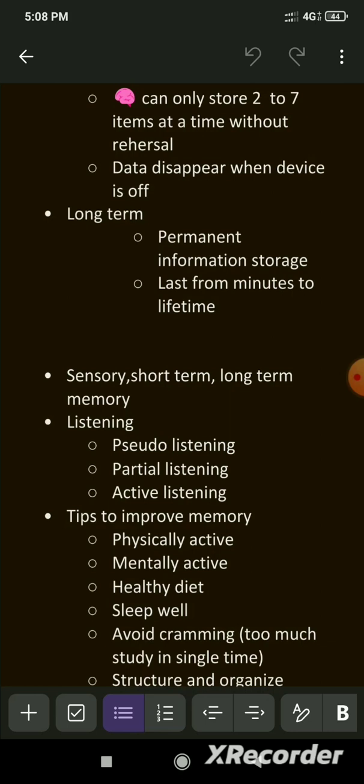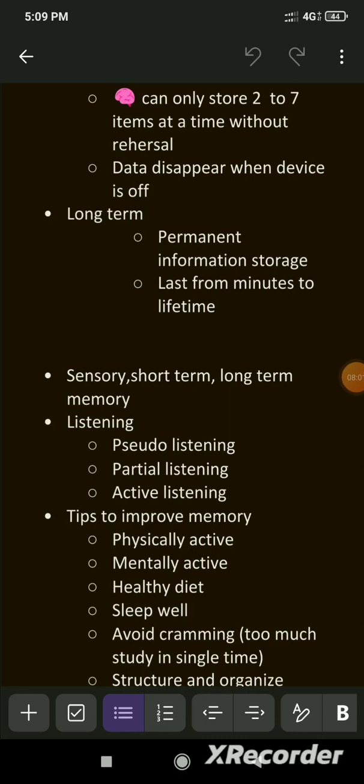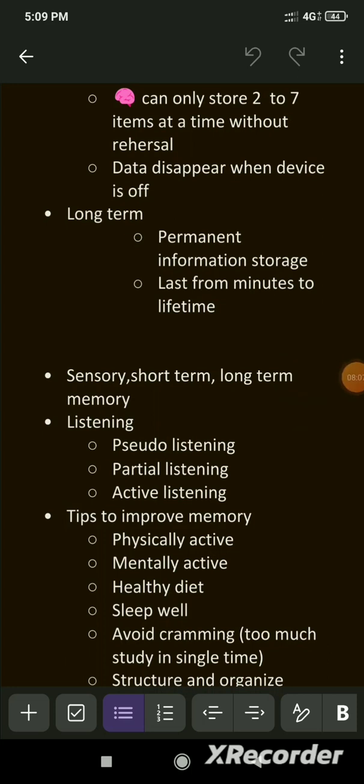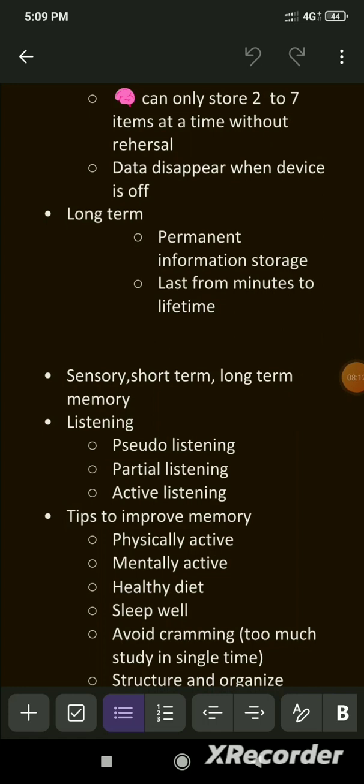Those kinds of items are linked with the sensory information. That is the main item. It's linked with memory. And memory is importantly linked with our focus and our listening.